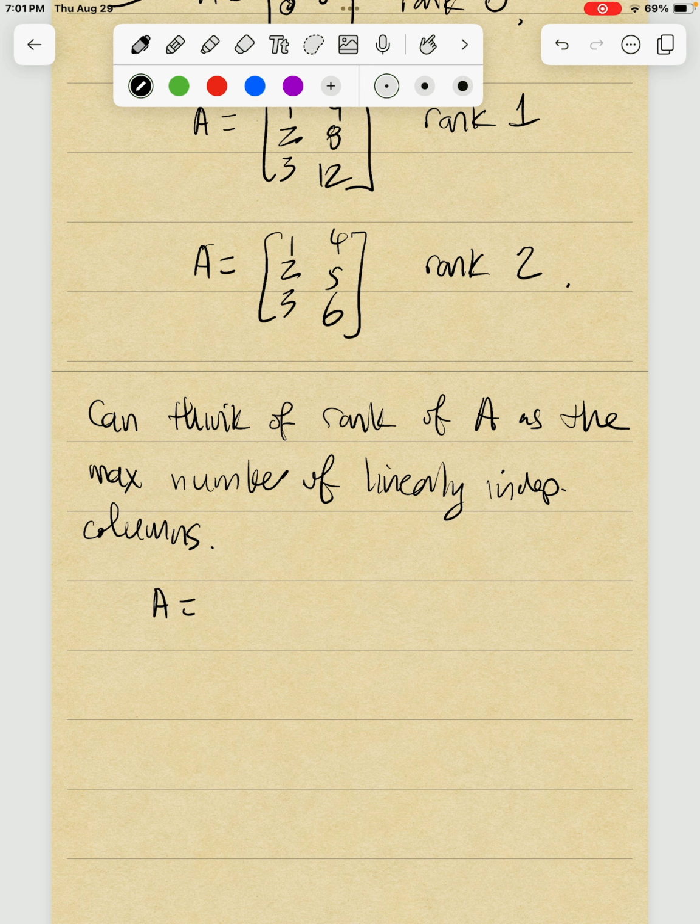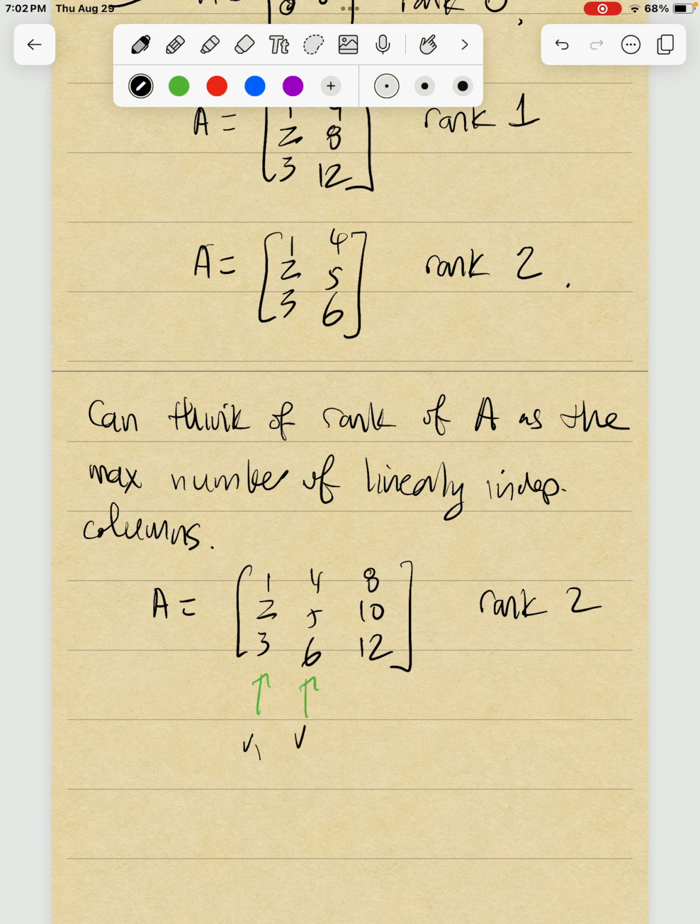So for instance, if I had 1, 2, 3, 4, 5, 6, and then 8, 10, 12, these first two vectors are linearly independent, but the third vector is just 2 times the second one. And so I really have 2 linearly independent columns, and so the rank is 2.